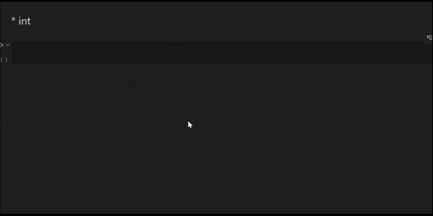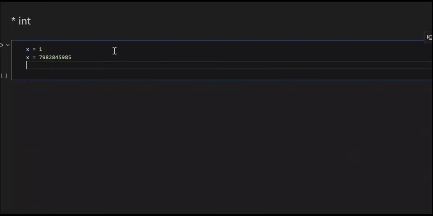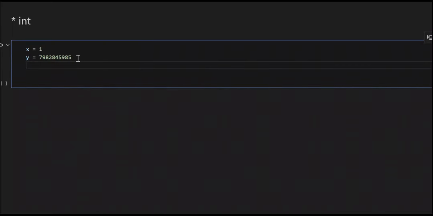Now I am writing example code for the int type. Okay, first x equal to 1, and then y equal to some number. Next, z equal to minus 12.